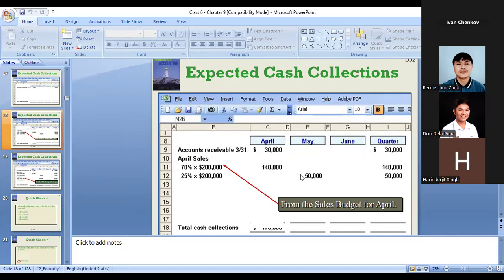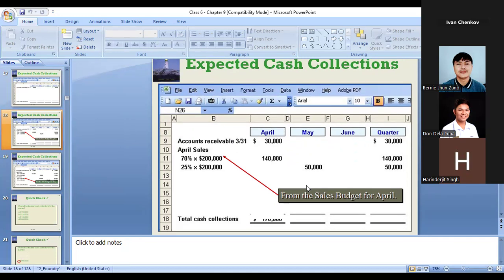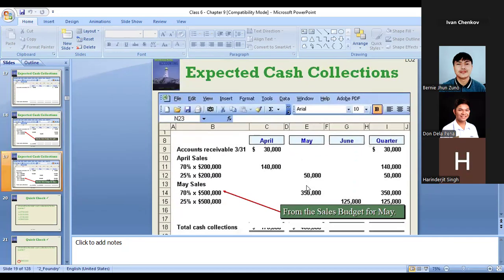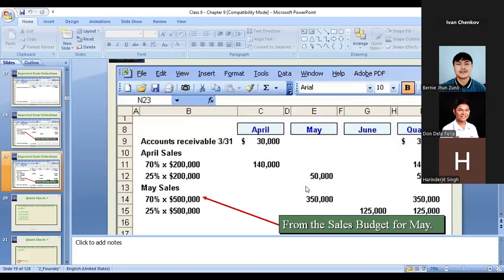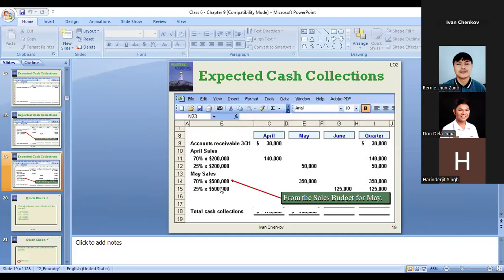And we're going to keep going until we get the whole idea. Now the question here will be, next month we're going to have again months of sales. In May we're going to collect the 70%, and then we're going to collect the 25%, but we're going to collect it in June.